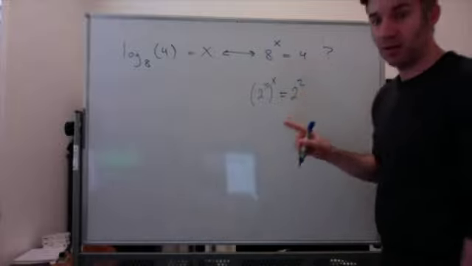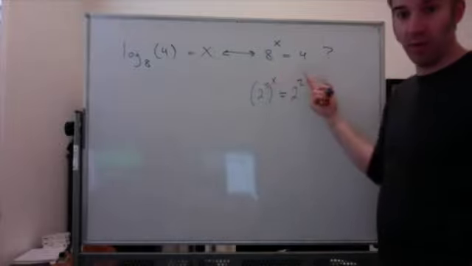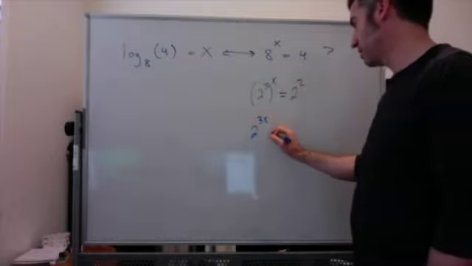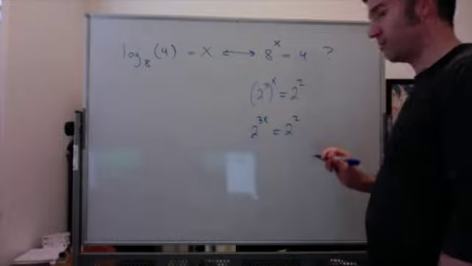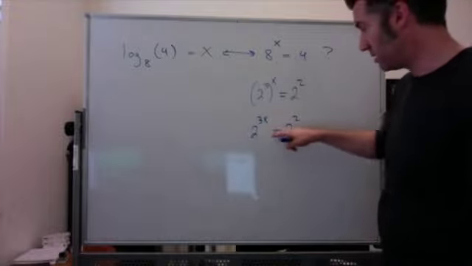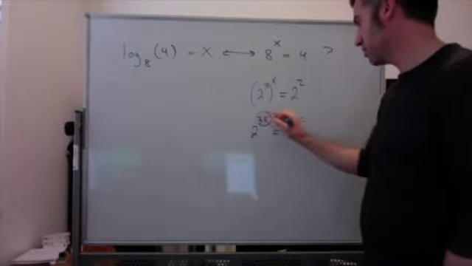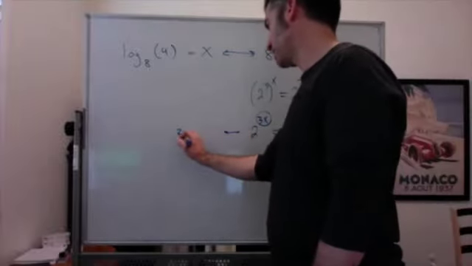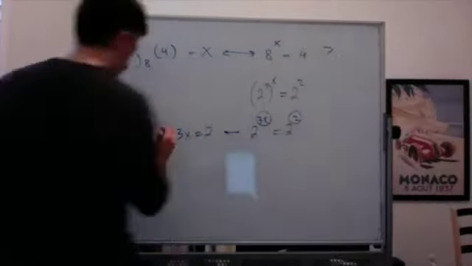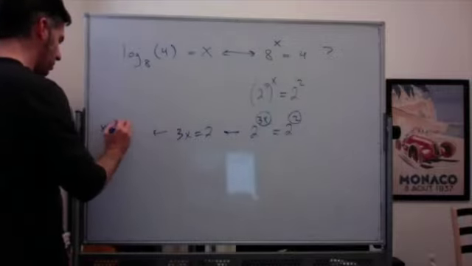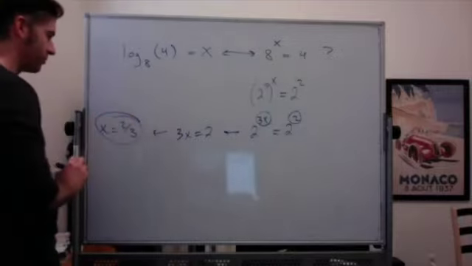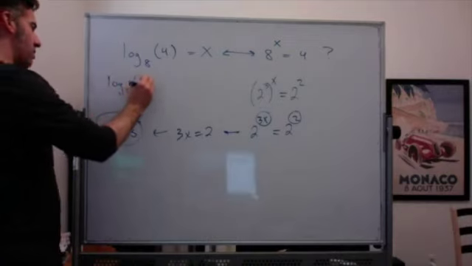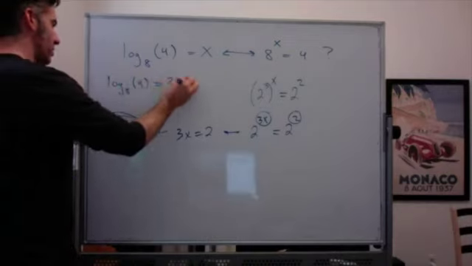And then when I have a power to a power, I multiply the powers. So this is 2 to the 3x equals 2 to the second. And now that the bases are the same, I can say that the exponents are the same. So that 3x has to equal 2, and the x has to equal 2/3. So I can go back and say that log base 8 of 4 is equal to 2/3.